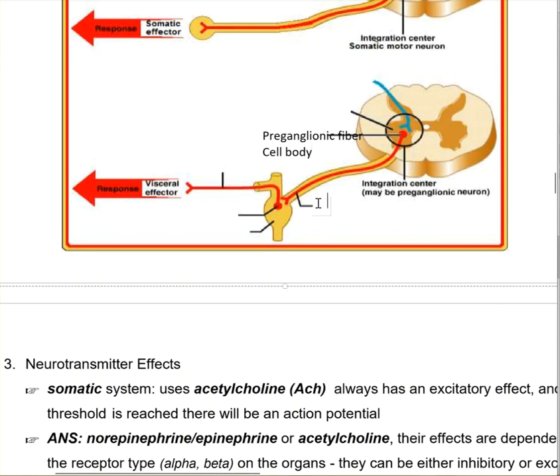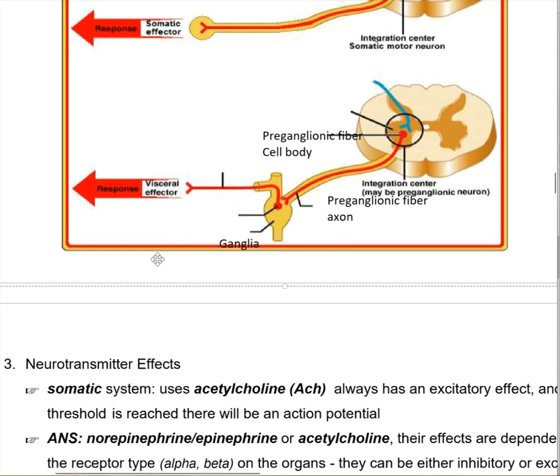And then this right here is the preganglionic fiber axon. All right, and then it goes into a ganglia of some sort.